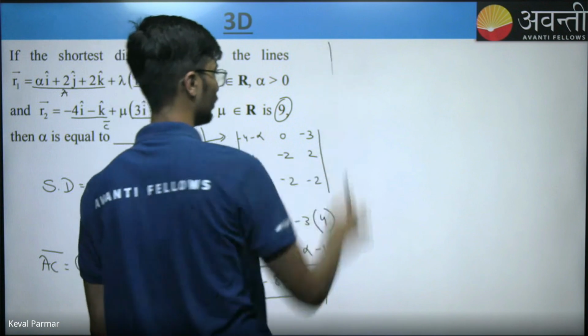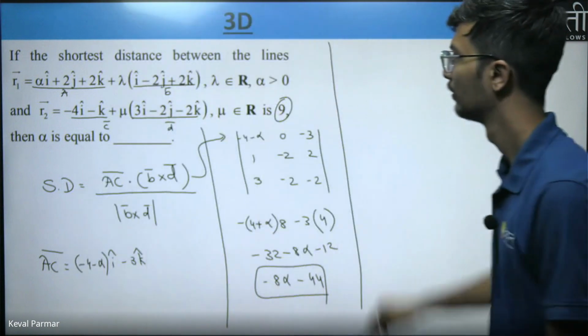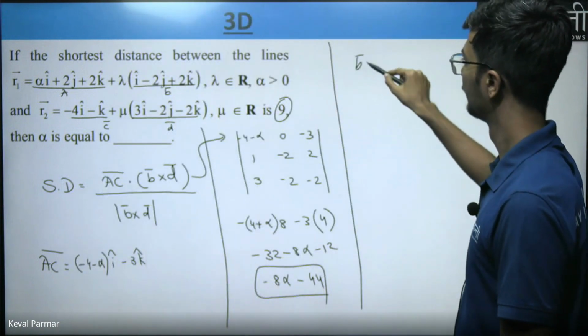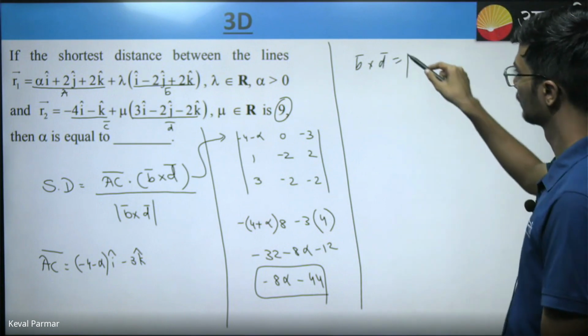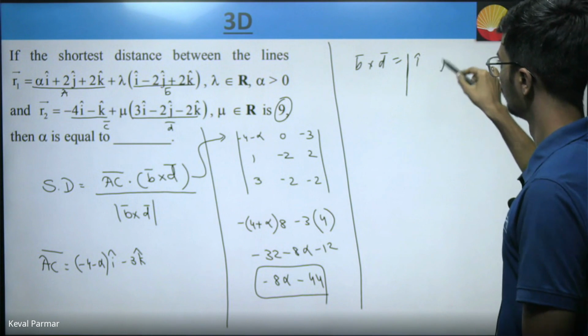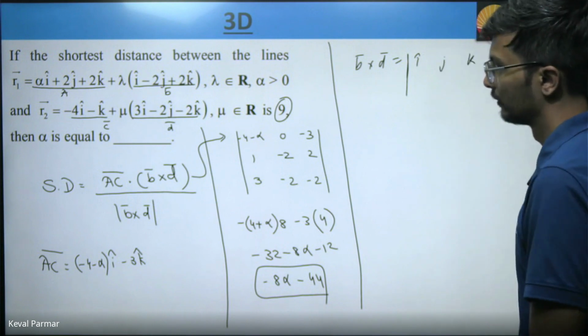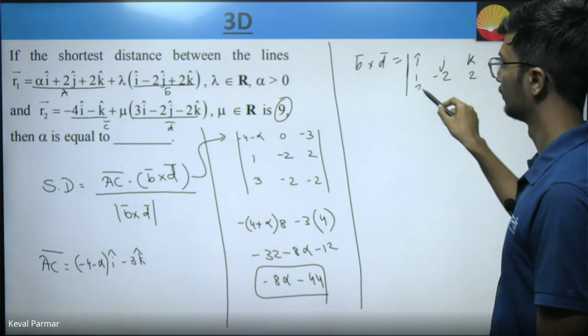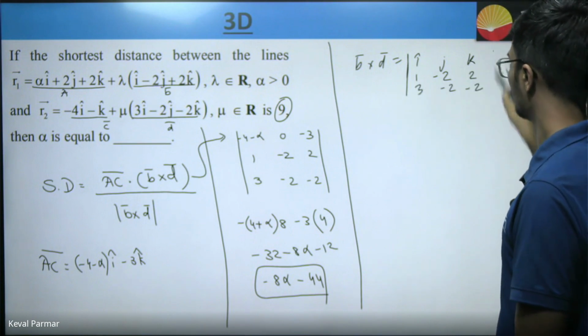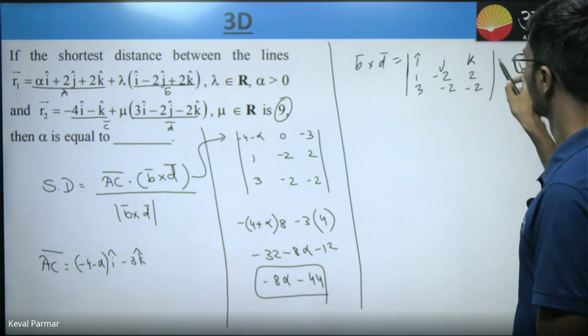Let us find B cross D. I, J, K. 1, minus 2, 2. 3, minus 2, minus 2. What is B cross D?